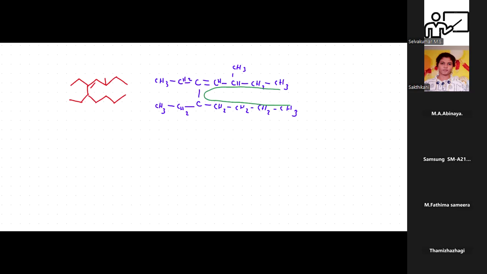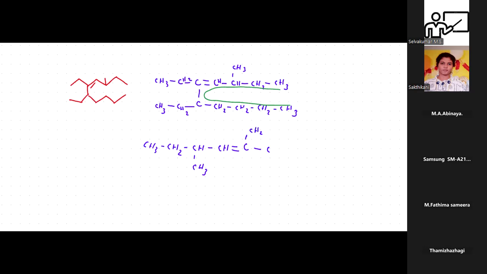CH3, CH2, CH, CH3, then CH, double bond, C, C, and then in this, an ethyl group is attached.